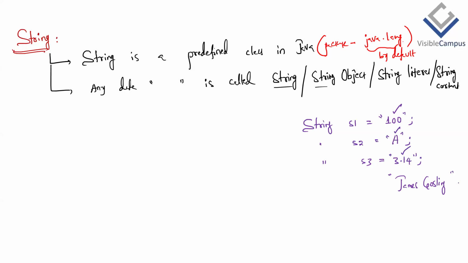No, sir. Then there is only one option for us. In such scenarios, we have to go for string. There is no other option. String s4 equals some name, some mail ID, some date of birth, some address. These are recommended with string only, but the values which can be stored by using a primitive, we prefer primitive only, not string. That's the first point.